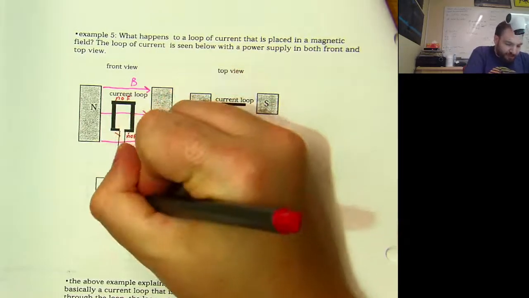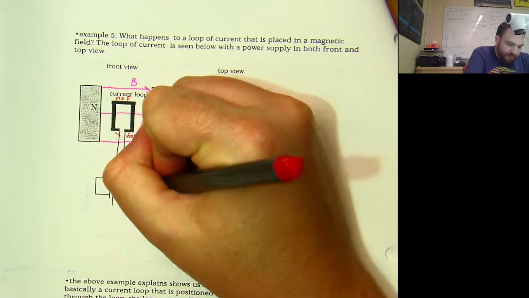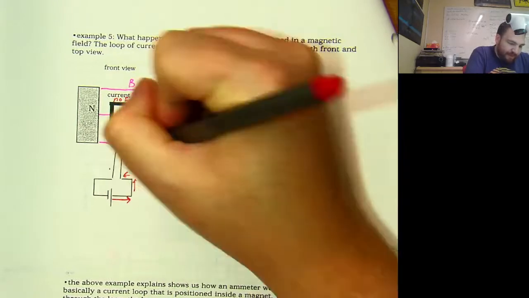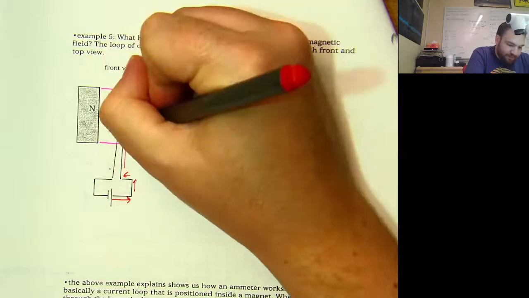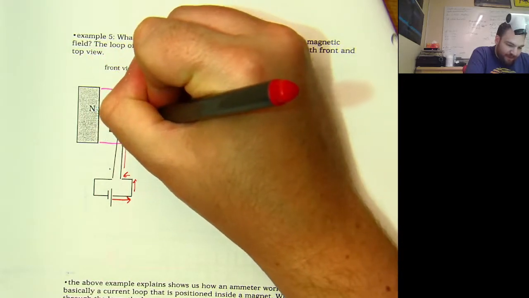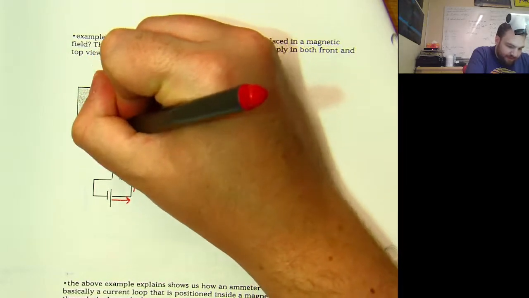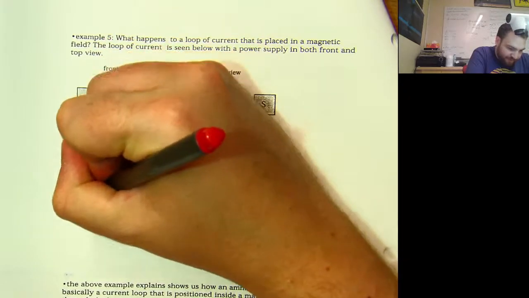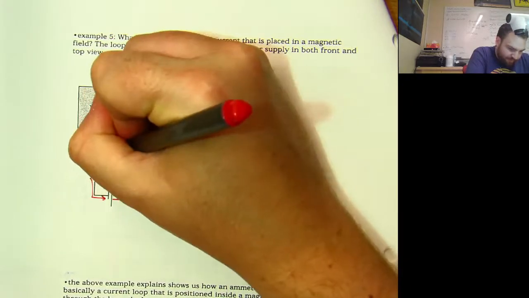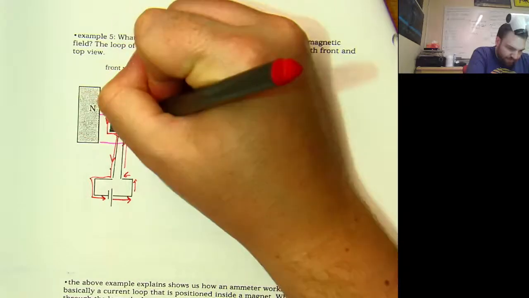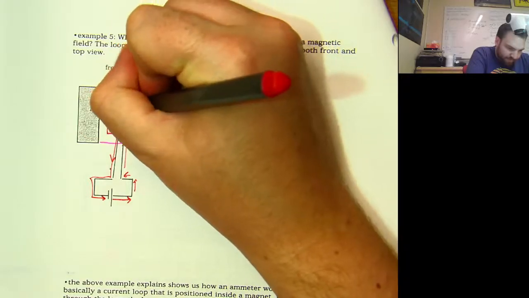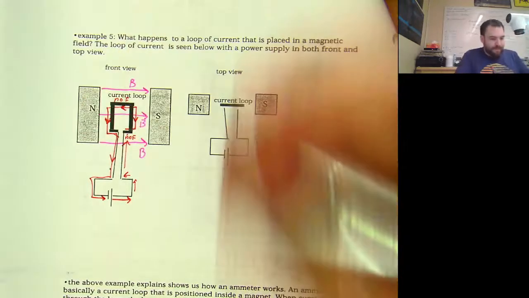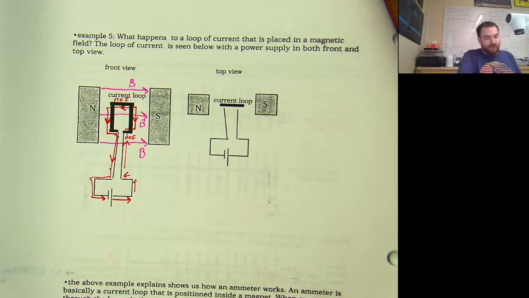So current's going this way, and then that way, and then that way, and then this way. And on the top, B field is going up. So that is the direction of our current. I'm going to call that I.